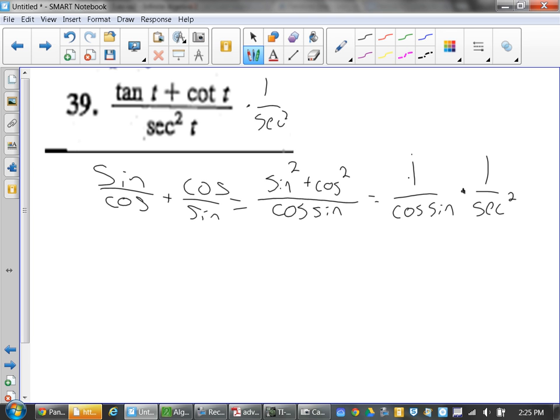What is 1 over secant squared? Cosine squared. So you wind up with cosine squared over cosine sine. Stuff cancels out, which gives you cosine over sine, which is cotangent. Now think about the complexity of that.